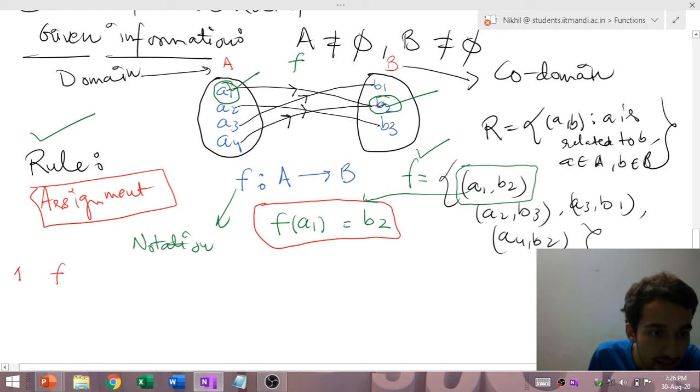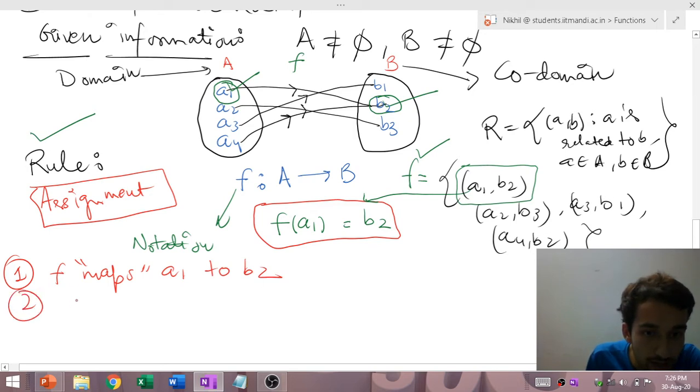Now try to observe what I am saying. Either we can say f maps A1 to B2, or another way: f assigns, these are synonyms, f assigns A1 to B2.